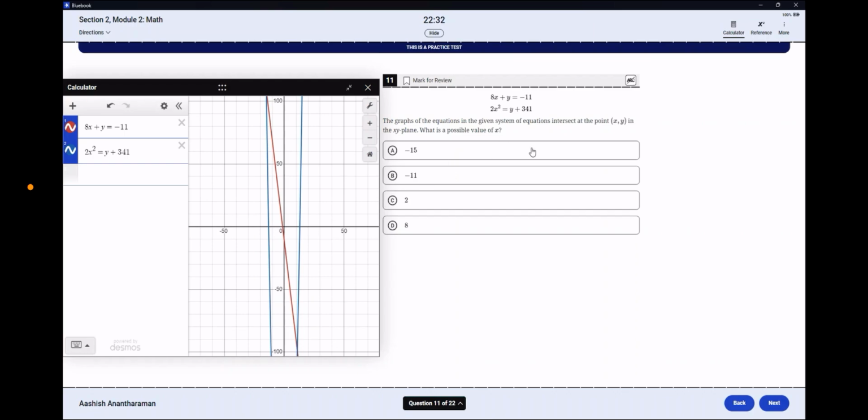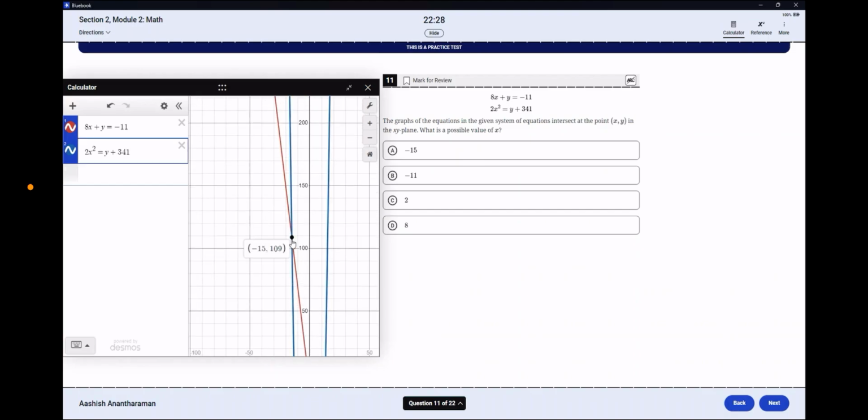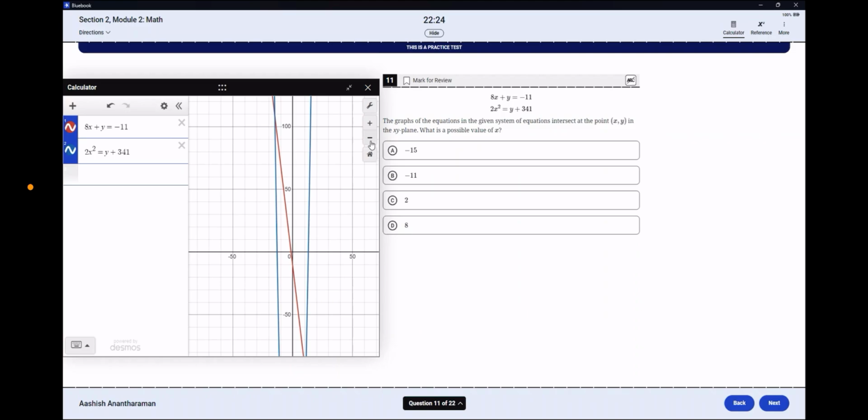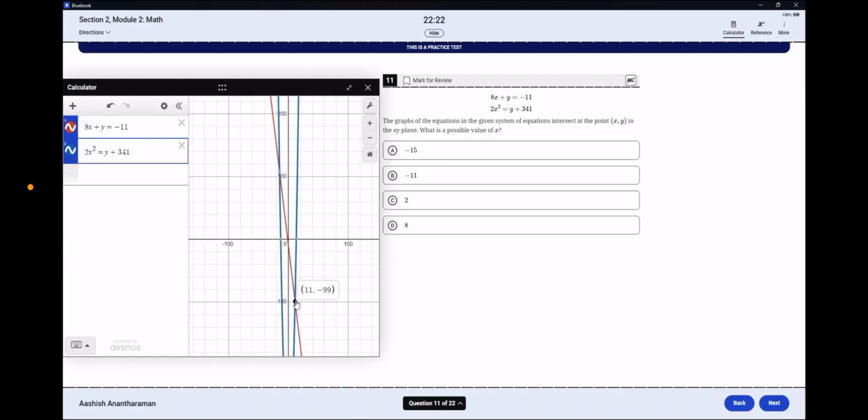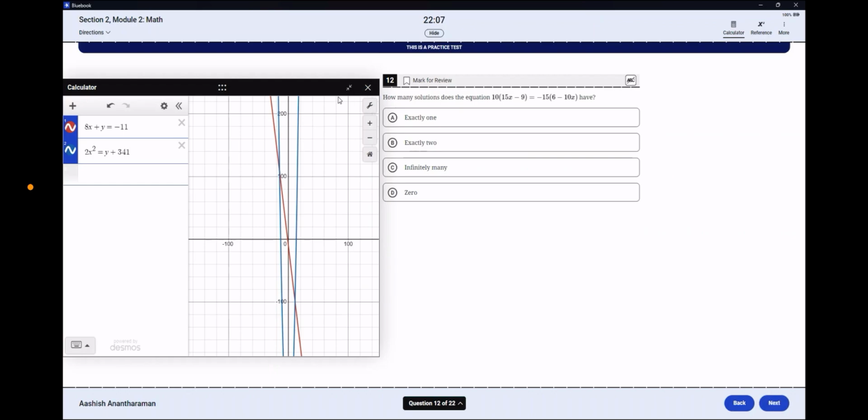So x, they intersect at a certain point, right? So this point is negative 15. So that's already a point. Let's just keep looking. There's another one right here at 11. It's positive 11, not negative 11. So one of the possible values of x where they intersect is negative 15. I'm just going to check to make sure I plugged everything in right. And yeah, negative 15.